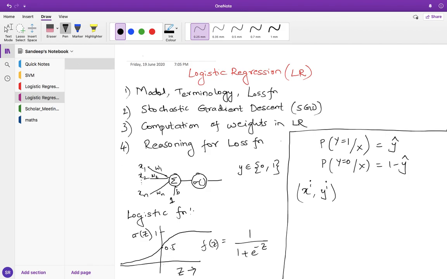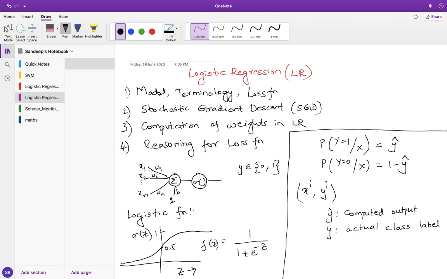So this is the ith data point. You have the input vector xi and its corresponding class value yi, whereas y cap here is the estimated or computed value. So y cap is the computed output, and y is the actual class label.